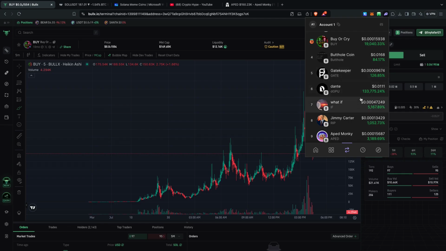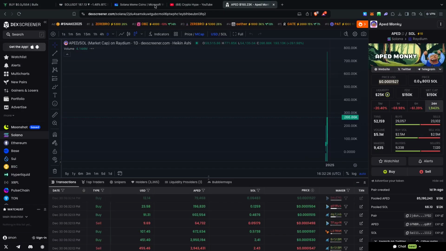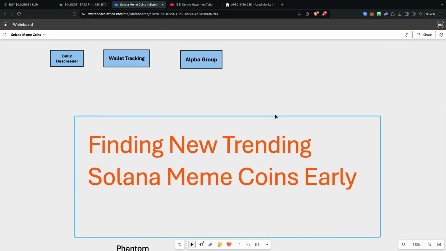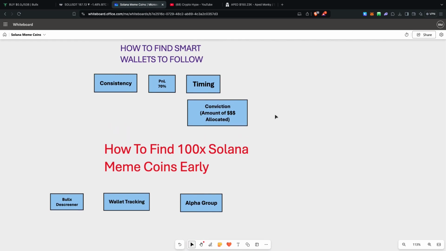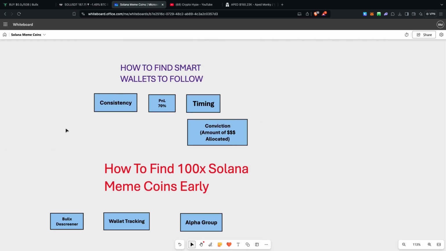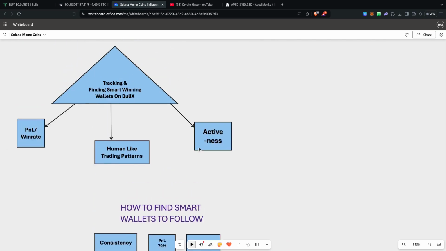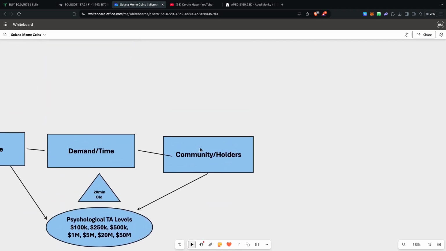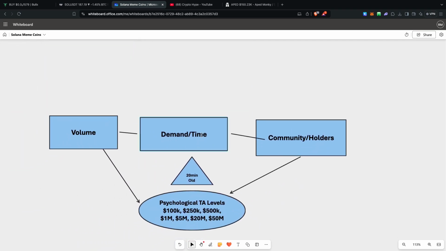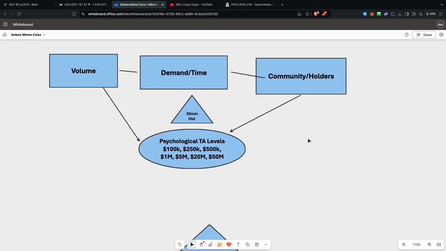So remember, do not neglect other things that we have talked about as far as our thesis and our investment criteria. Okay, you have to look at the consistency. You have to look at the volume, the demand, the number of community holders, and how these coins are interacting with the psychological levels.